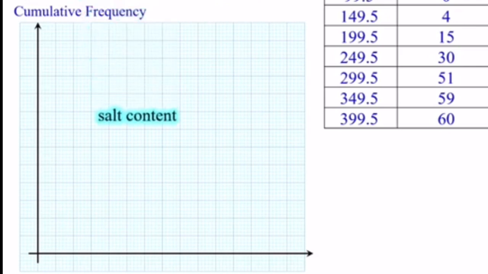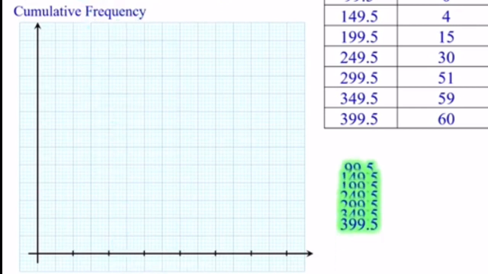This is actually about the salt content, so let's label the horizontal axis to indicate that it refers to the salt content. We are going to draw the cumulative histogram right now. So please label like this with a small label. The label is very important. Use a small label to indicate the upper boundary.